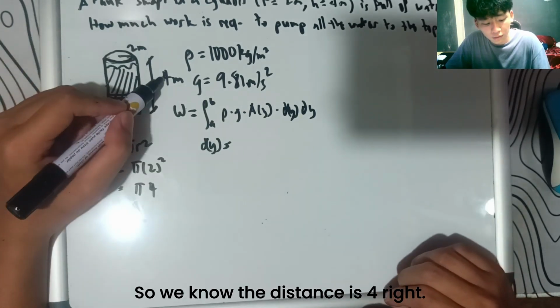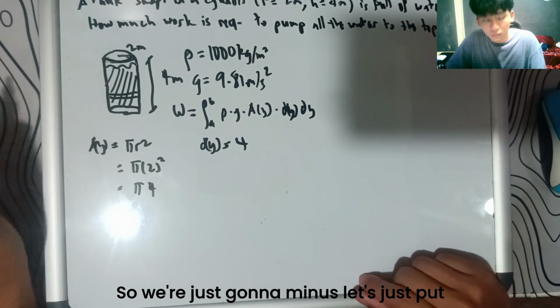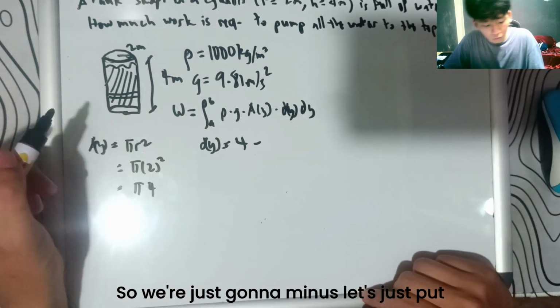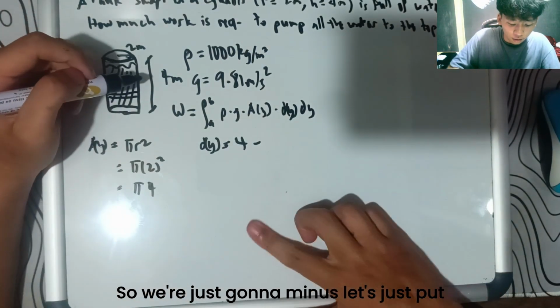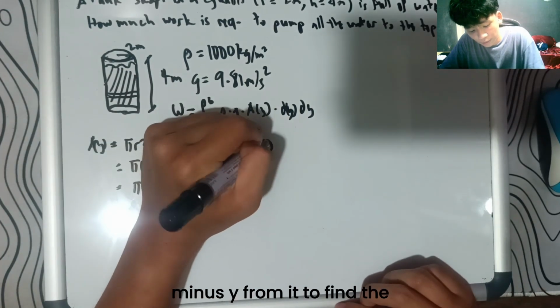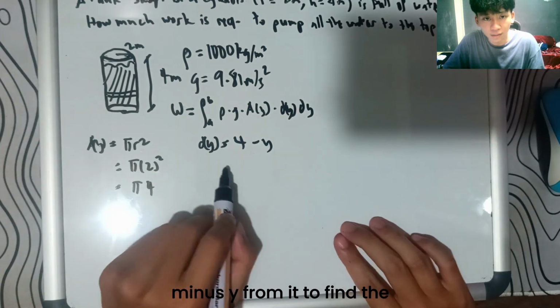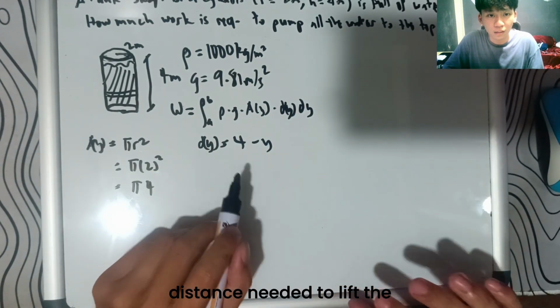So we know the height is 4, right? So let's just put 4 minus y to find the distance needed to lift the water.